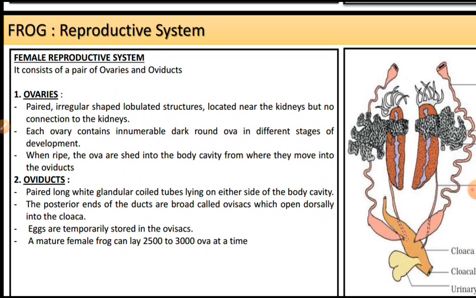They are present on the anteroventral surface of the kidneys. During the breeding season, these ovaries reach the maximum size, bearing many ova. And this ovary is held in position by mesovarium.